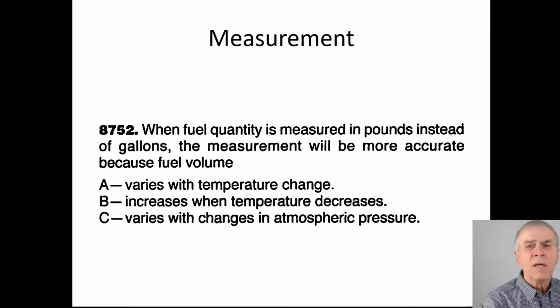But if you're just looking at the problem, you may not realize that we're approaching it from that angle. So basically, when they're talking about fuel volume and the pounds and the gallons, they're talking about the temperature. So A appears to be correct right by itself. Fuel volume does vary with temperature change.